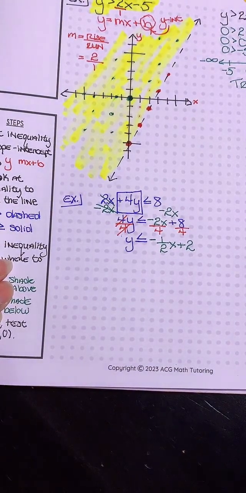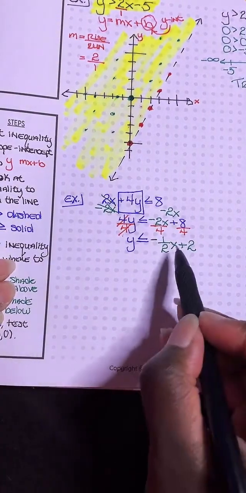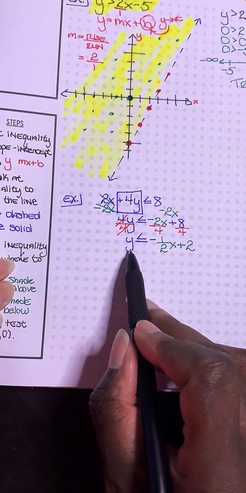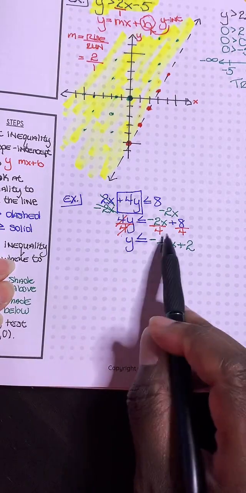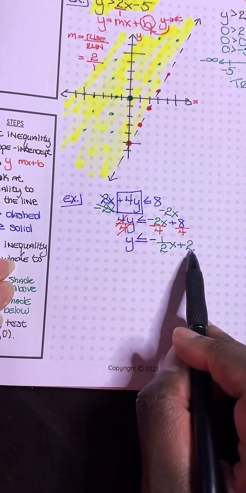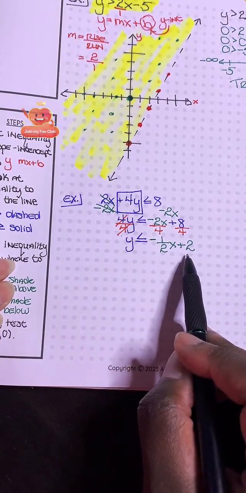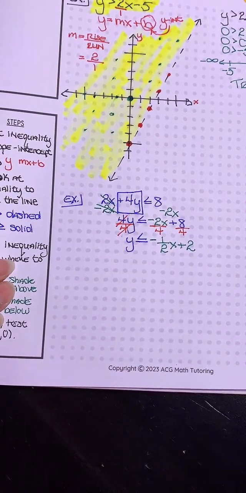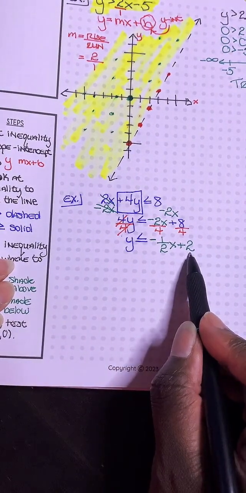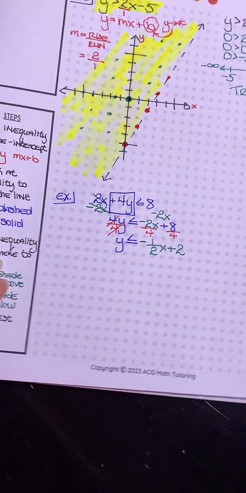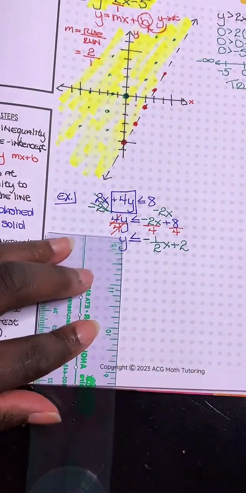Okay. All right. So now, it's in its simplest terms, as we like to say, because one, y is by itself, and two, we don't have any other factors to deal with. So now that we have this, we can go ahead and graph. And by looking at what the y-intercept is and what the slope is, that tells me that I don't have to draw a huge graph.